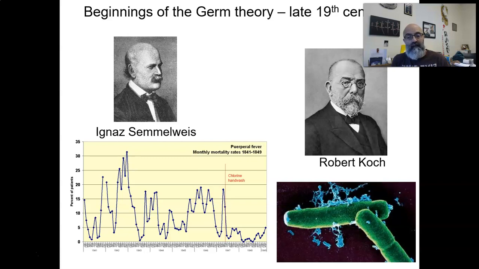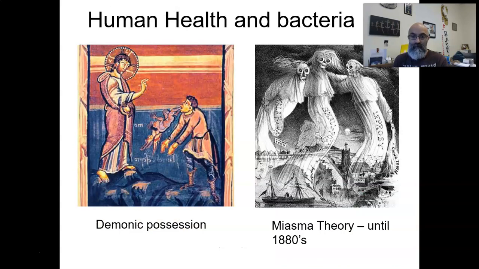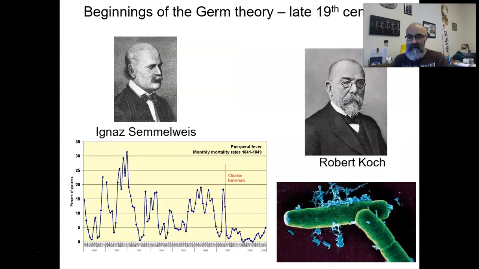And the thing that happened was that he started to use chlorinated hand wash between deliveries, right? Now it seems like, of course, we wash our hands well after delivering one baby before you deliver another. But at the time, again, what caused puerperal fever? Those things, whatever that is, right?